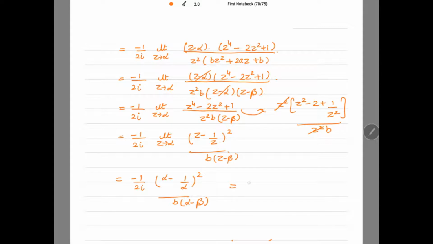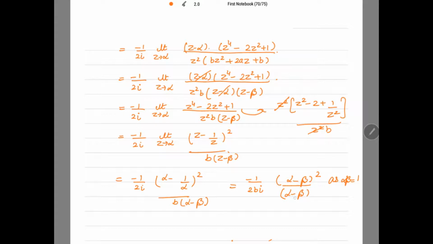This is equal to minus 1 over 2bi, iota, and if you solve this, you will get it as alpha minus beta whole square over alpha minus beta, as alpha beta is equal to 1.